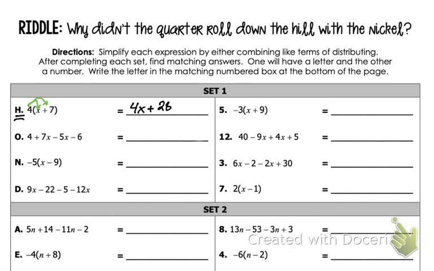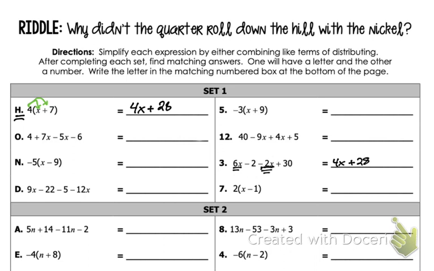So if I look at number 3, I think it's number 3. Let's look at number 3. Number 3 has a 6x and a negative 2x. What happens if I have 6 x's and I take 2 of them away? I have 4x. And what happens if I have negative 2 plus 30, or 30 minus 2? We have 28. Oh, that's what I did wrong.